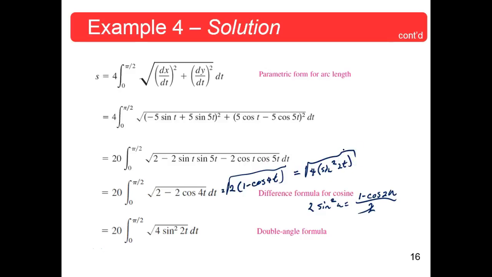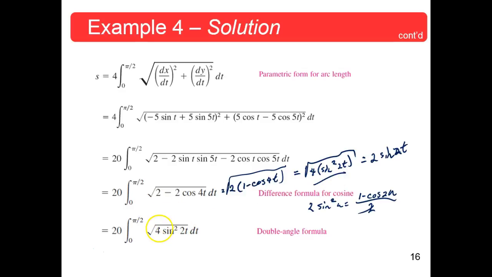Whew. All right. That is something I can do. That's a square root of 2 perfect squares. So this is 2 times sine of 2t. So the next step here, well, I did that. That's what they got here.